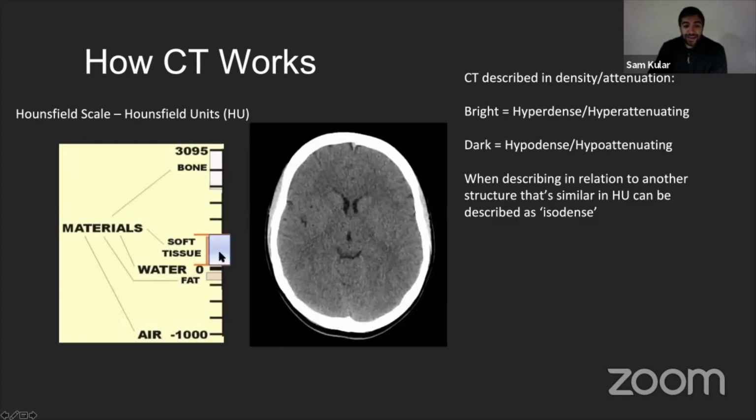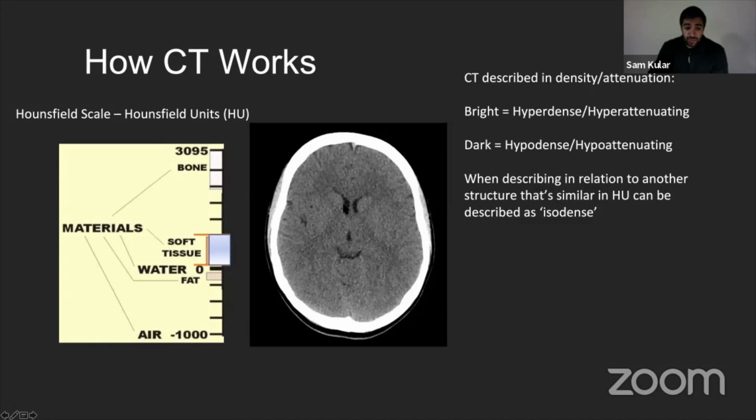Now, because our eyes can only see approximately 50 shades of grayscale at one point, we have to narrow our window to only 50 shades or so. So when we put it on a soft tissue window, you can see here, this is a standard brain CT scan.